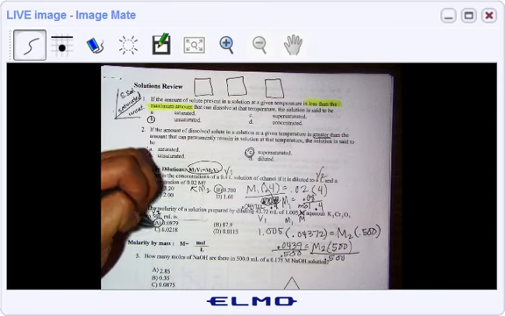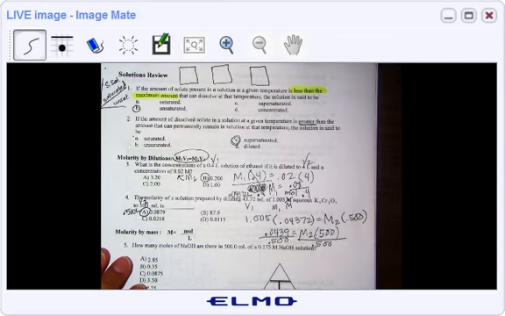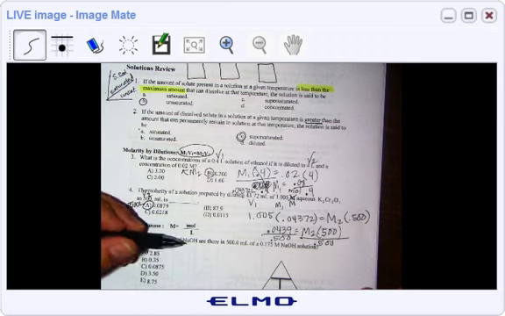This is the closest. Does anyone have any questions on how to calculate the M1V1s? You'll be fine tomorrow.